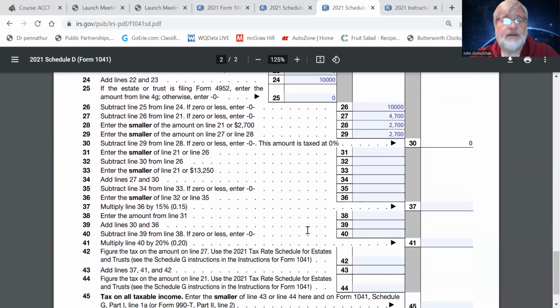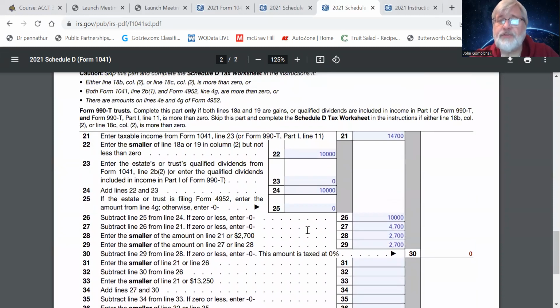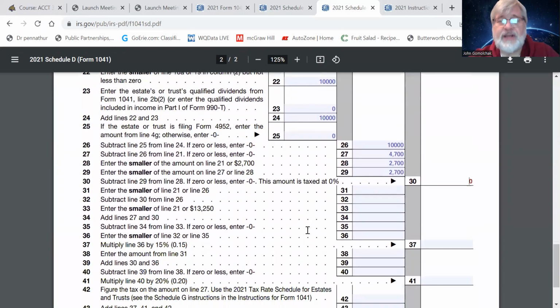Line 31, enter the smaller of line 21 or 26. All right, 21 is 14,700. 26 is 10,000. So 10,000 is the smaller number. Line 32, subtract 30 from 26.